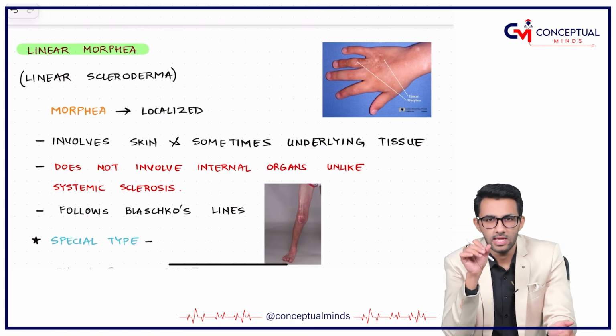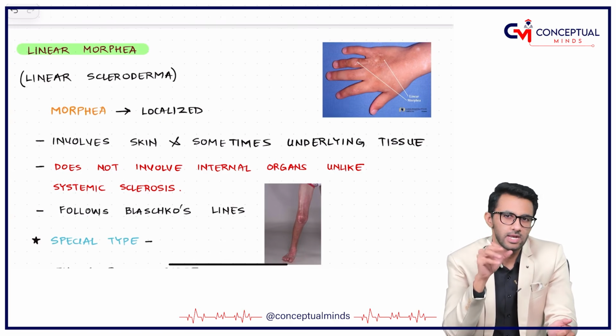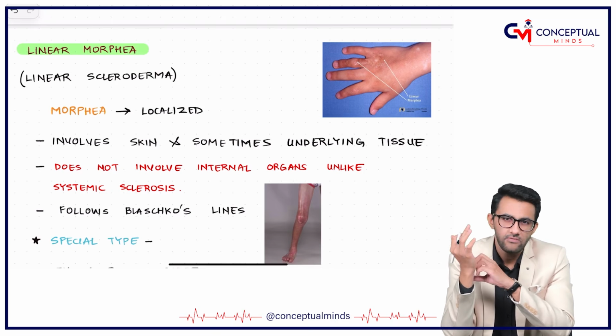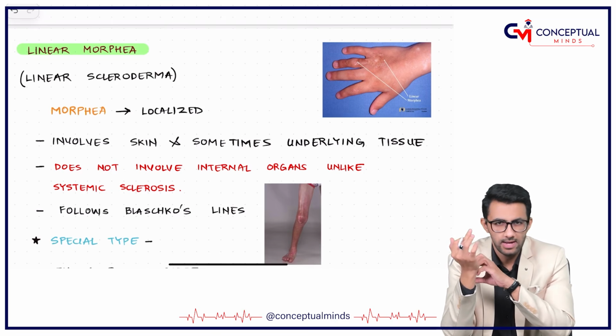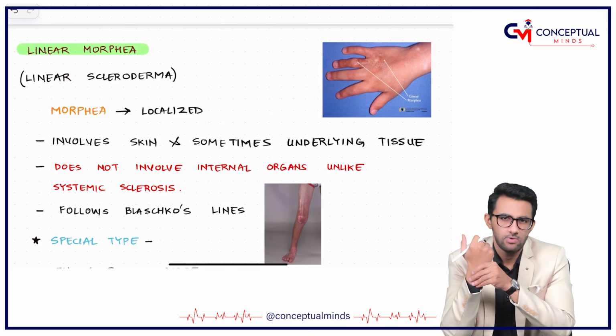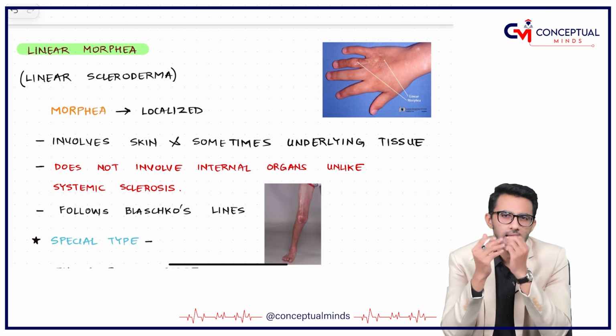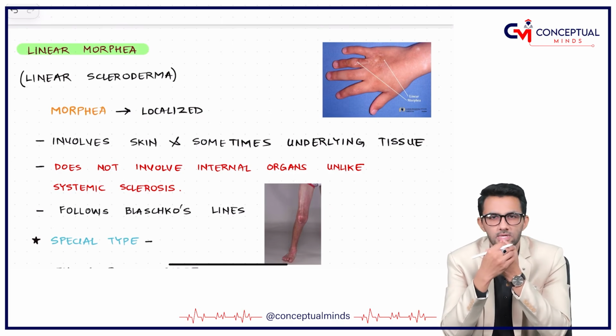Which type is deposited in which organ is such an extensive list. But over here, the features of scleroderma are at only one spot. I'll repeat once again, in linear morphea there are features of scleroderma at only one spot.